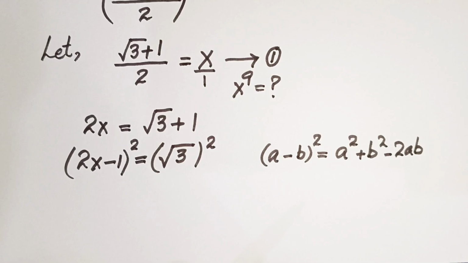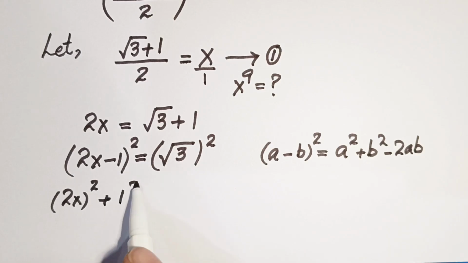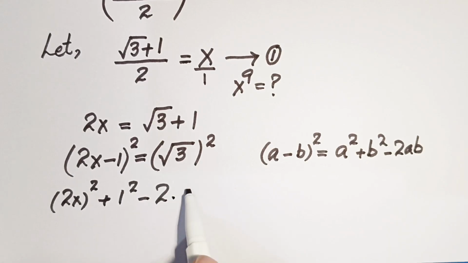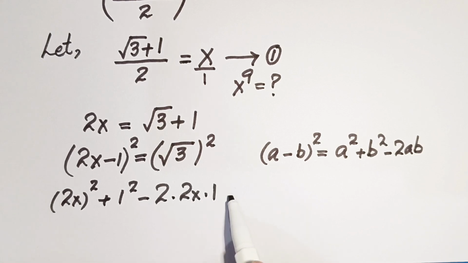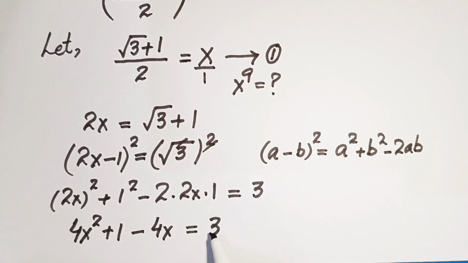So using this, our left hand side will be (2x) whole squared plus 1 squared minus 2 times 2x times 1, which is equal to, cancelling square with square root, 3. So now (2x) whole squared is equal to 4x squared, plus 1 and minus 2 times 2, which is 4x, equal to 3.